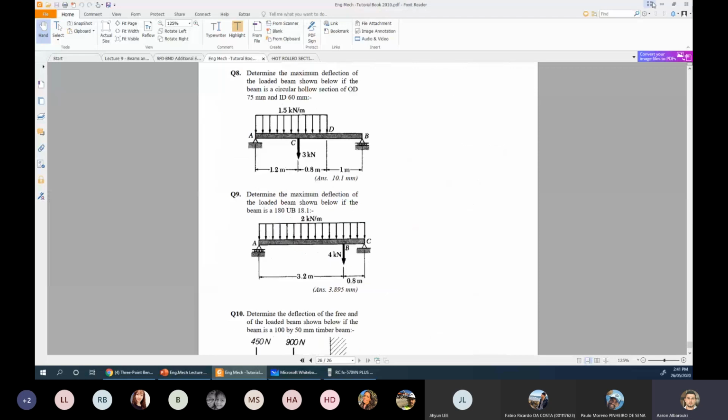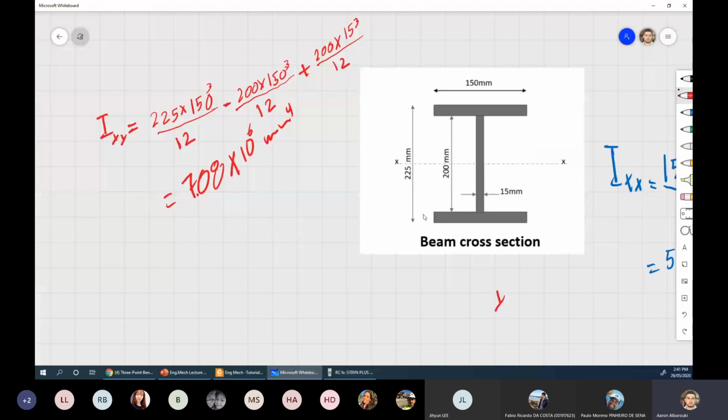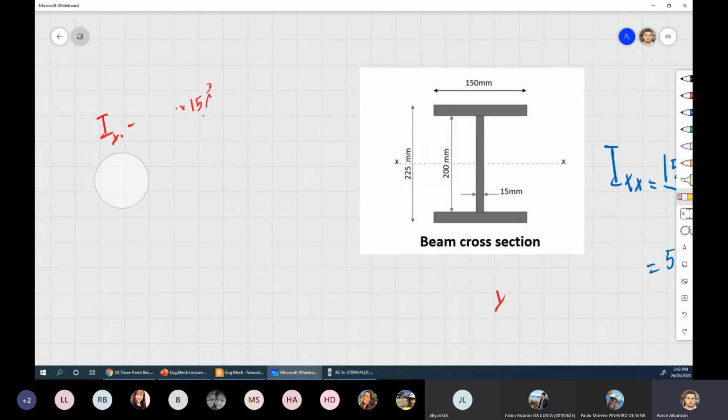There's no symmetric shapes here, that's fine. Okay, so assuming that we know how to calculate moments of inertia, please go back and practice that. I'll send you some examples that you can practice, please, okay? Simply look for any I section, look for any hollow section.